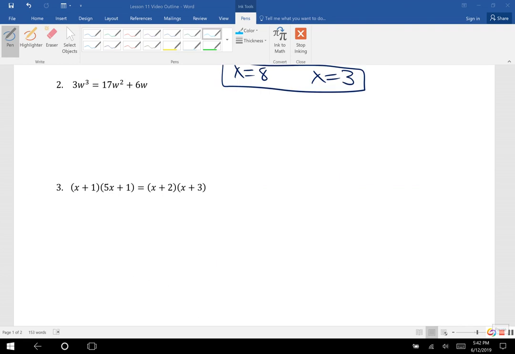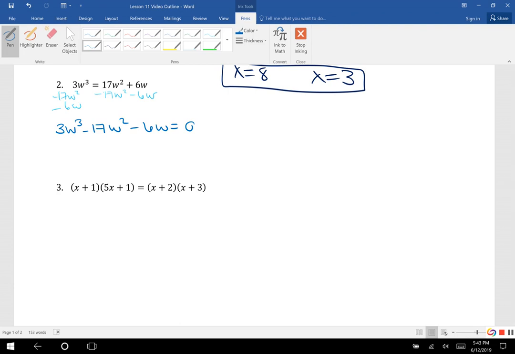So example 2, I'm going to subtract the 17w squared and the 6w from both sides. So now I am left with 3w to the third minus 17w squared minus 6w equals 0. So step 1, one side equals 0. Step 2 is factor.